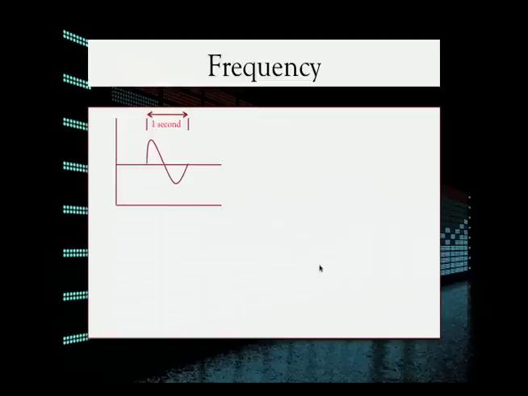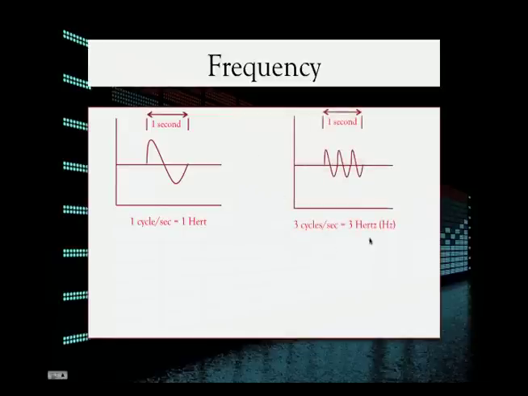It starts at the center line, goes over the center line, crosses it, and comes right back to it. And so with frequency, we measure these cycles in seconds. So this particular cycle you're looking at would be 1 hertz, or 1 cycle per second. And of course, hertz is the unit of measurement for frequency.